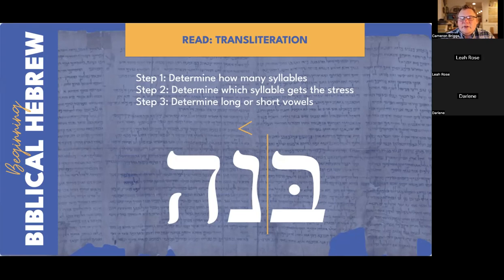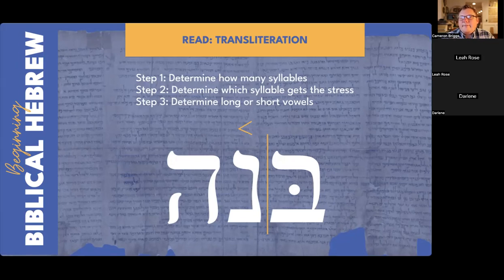So this word, bana, the one is gonna be a patach, and the other one's a kamats, right? No. The B is the kamats, and the other one is a patach. No, it would be a kamats because the hey is a vowel companion.